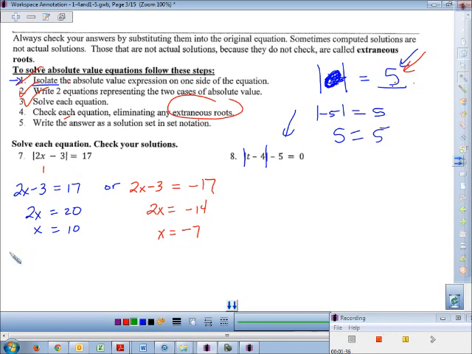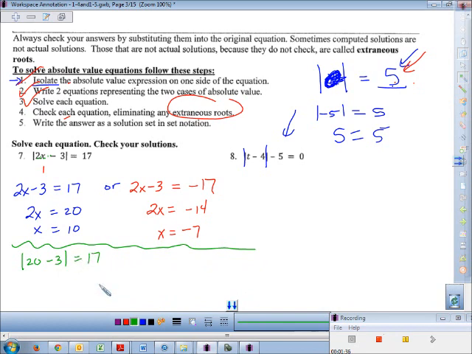So that's where we put the nice little squiggle, and we check each situation. It's a lot of work, but we have two situations to do it in. First, let's put 10 in for x. If I put 10 in for x, can we already take 2 times 10 right away and get how much? 20 minus 3 equals 17.